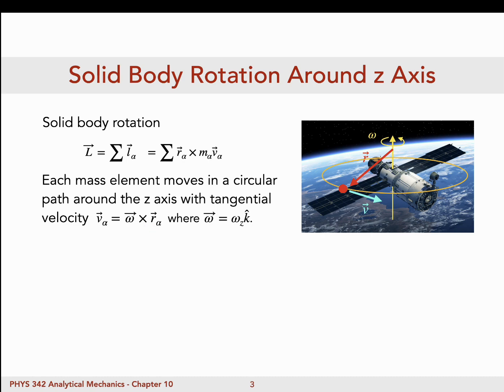So for example, if this is our position vector showing that part of the solar panel, and you take the angular velocity vector, which is pointing straight up, and take the cross product of that with r, then you get the velocity vector like this, which is tangent to the circular path as it's going around.